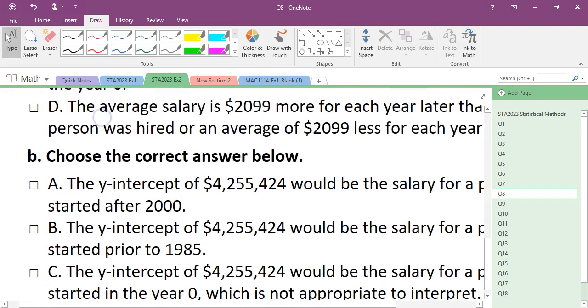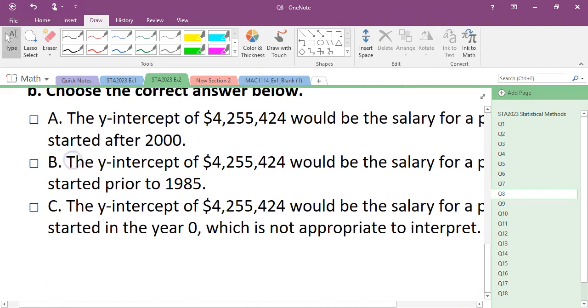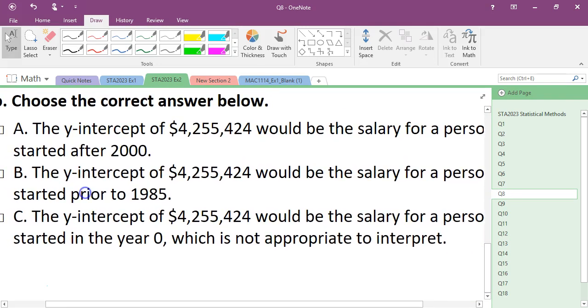All right, perfect. So then now we talk about that intercept. So we've got A, the y-intercept of 4,255,424 would be the salary for a person starting after 2000. B, the y-intercept of roughly $4 million would be the salary for a person who started prior to 1985.